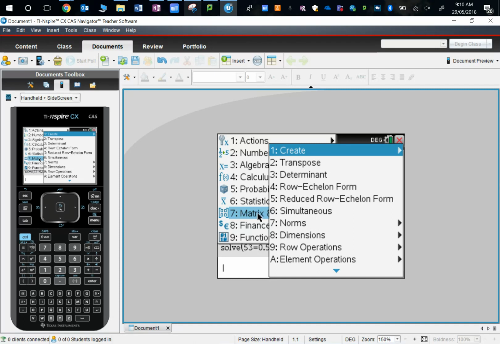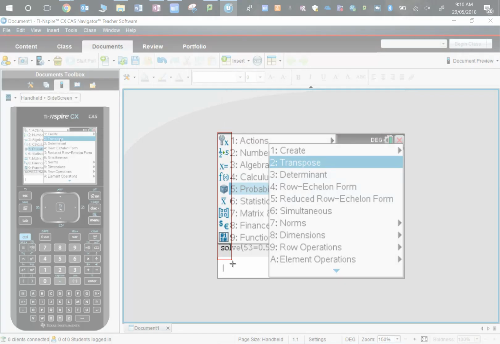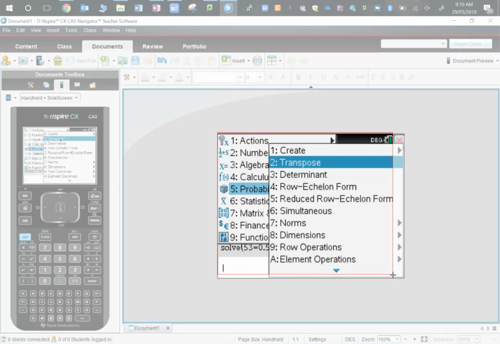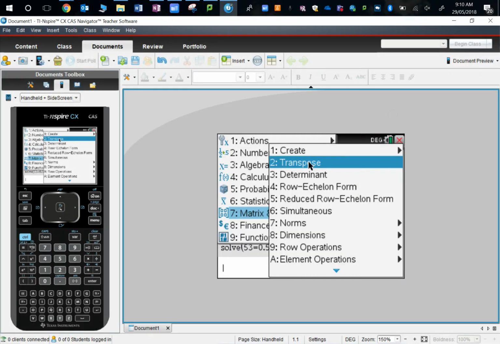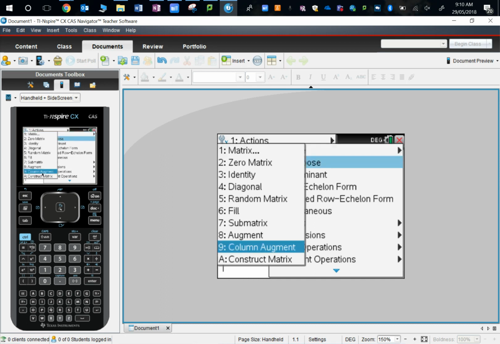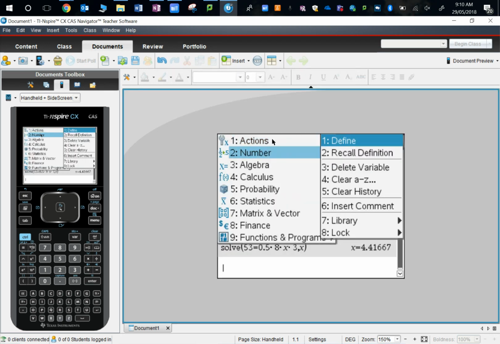Now, in your investigation, we did a few things with the other buttons. Really, you're only going to need create. Actually, I'll just make it. And then these. So menu. Sorry, it's not liking me.